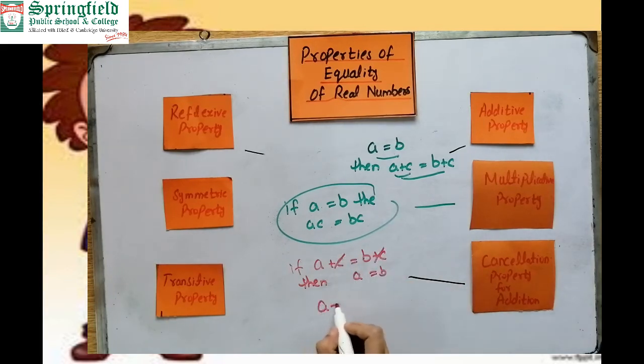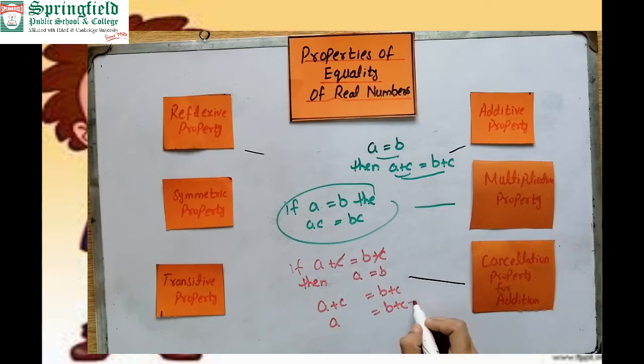A plus C is equal to B plus C, so C moves to the right side. The sign of C is plus here, so when C moves to the right side it becomes minus. Plus and minus cancel, so A is equal to B. It's a proof of that. Understood beta?